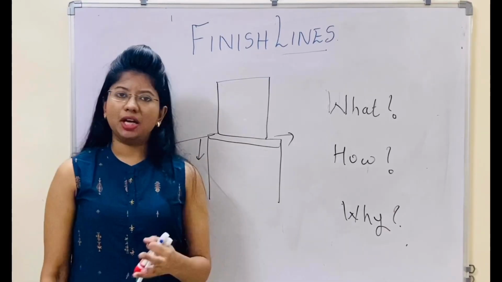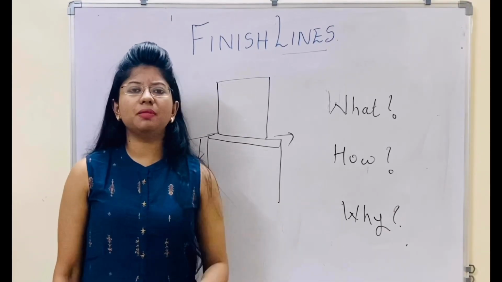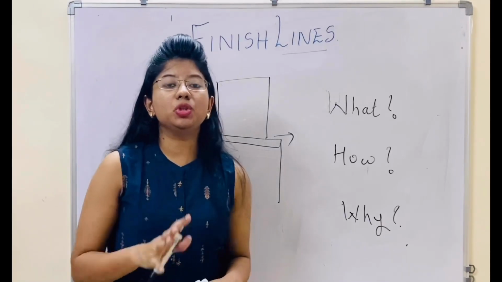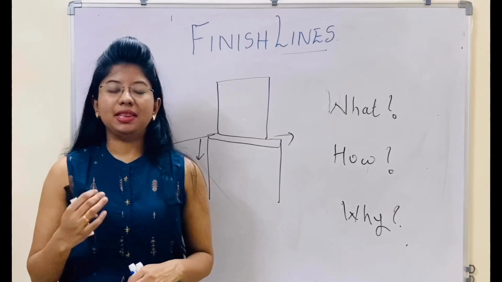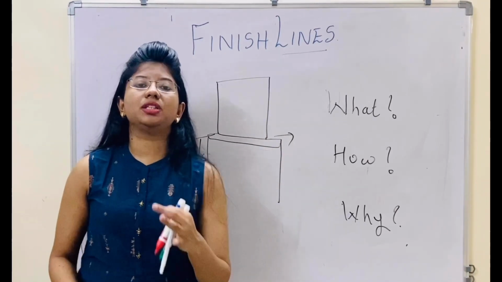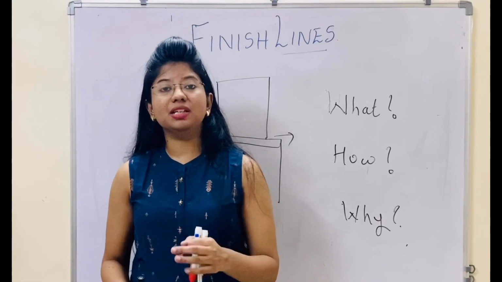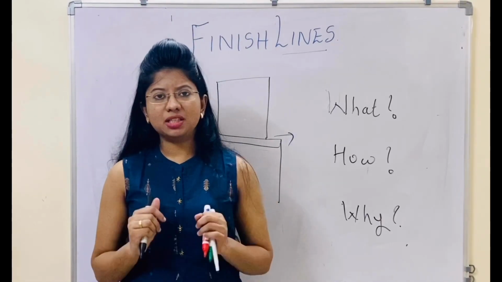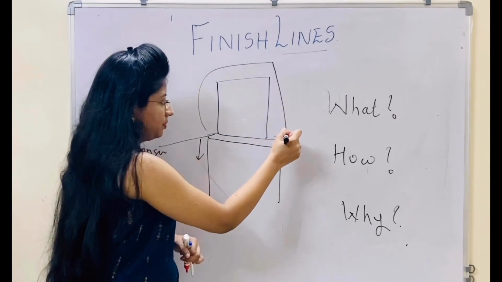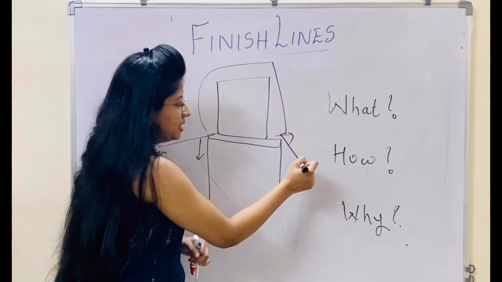Then comes why you need to think about so many things regarding finish lines. Mainly your patient expects the crown to last for a longer time. That's why by maintaining those points you can maintain the structural durability and marginal integrity. What is marginal integrity? When you are giving a crown in this area, imagine there is a gap in this area.